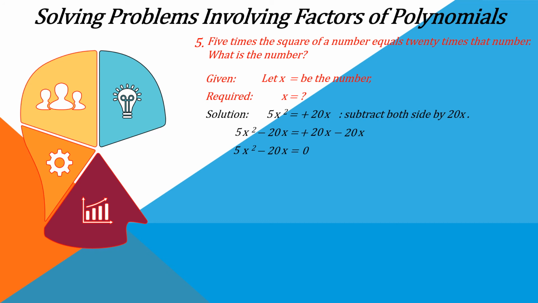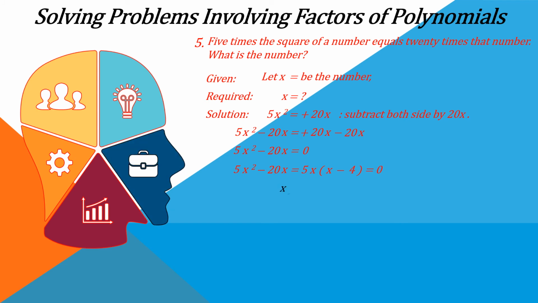Factor this expression: 5x squared minus 20x is simply 5x multiplied by the quantity x minus 4 is equal to 0. Therefore, x sub 1 is equal to 0 and x sub 2 is equal to 4.